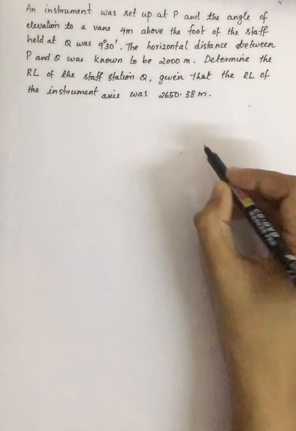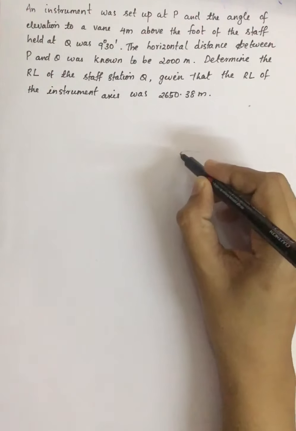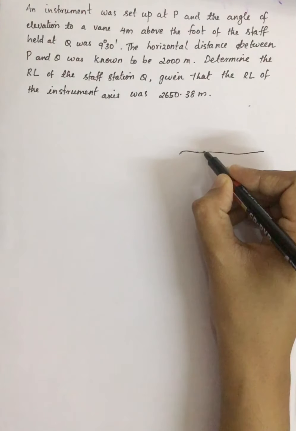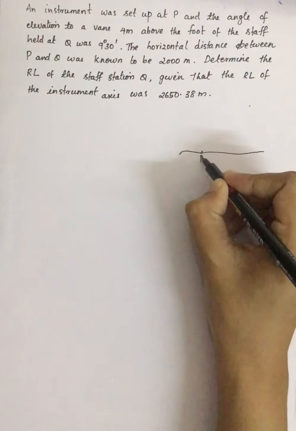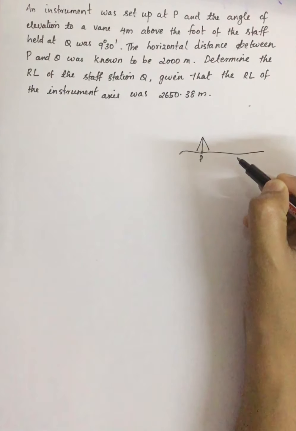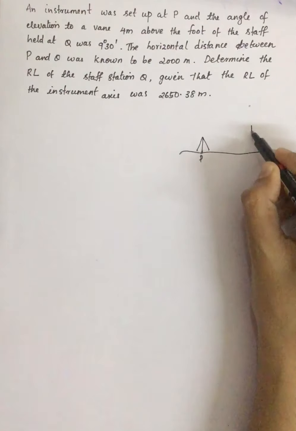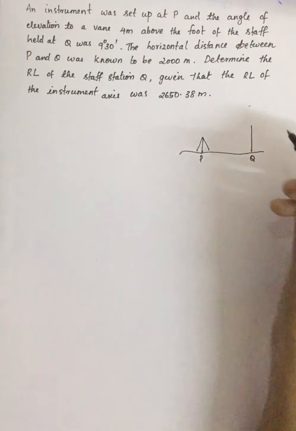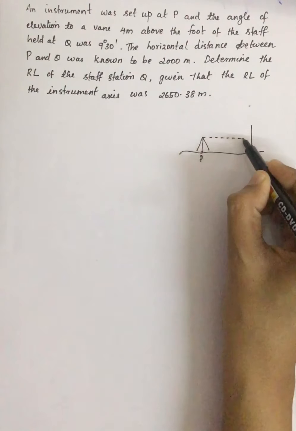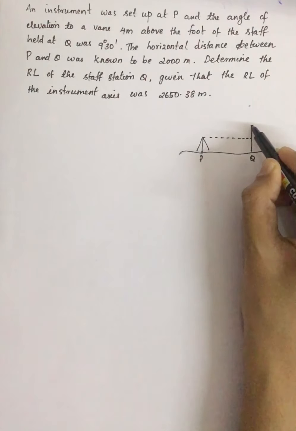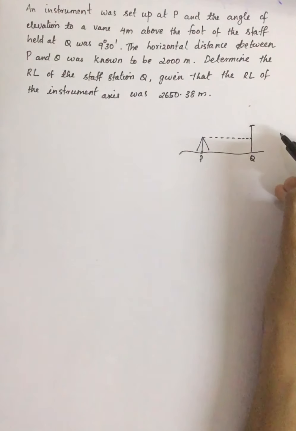So before that, just draw the figure to understand clearly. There is a point, station P, where the instrument is held, and there is Q, where the staff is held. This is the instrument axis, and there is a vane in the leveling staff.